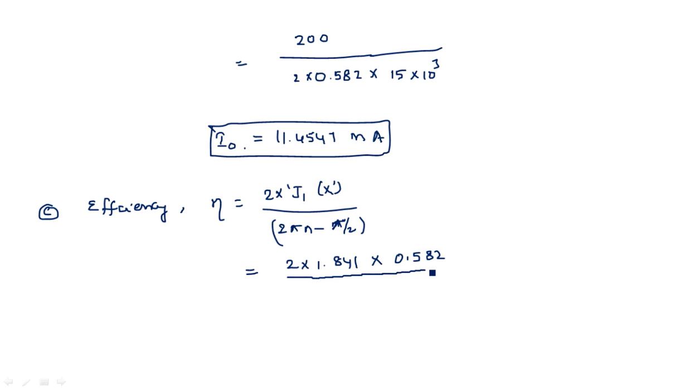We take the highest value among the values present, because we don't have any specific value for X dash. If we don't have any value, we can substitute the maximum value. In the denominator also we have 2 pi into 2 minus pi by 2.